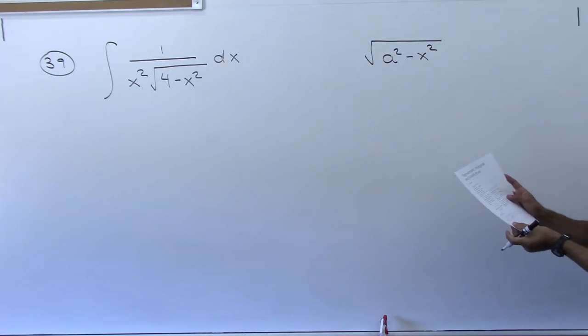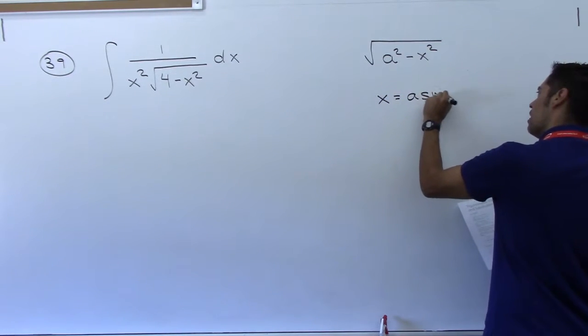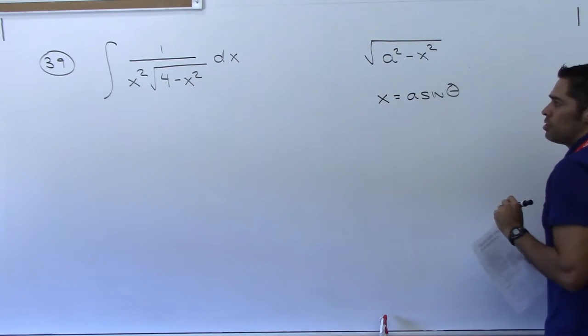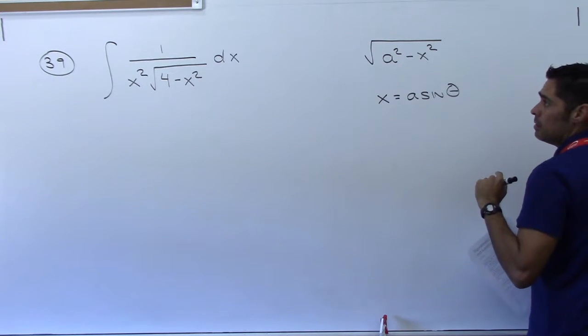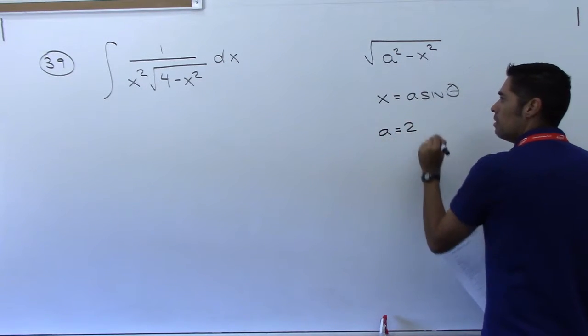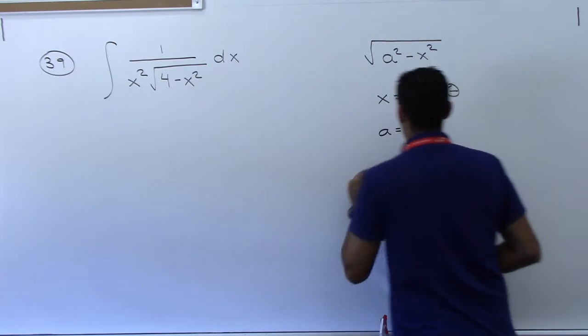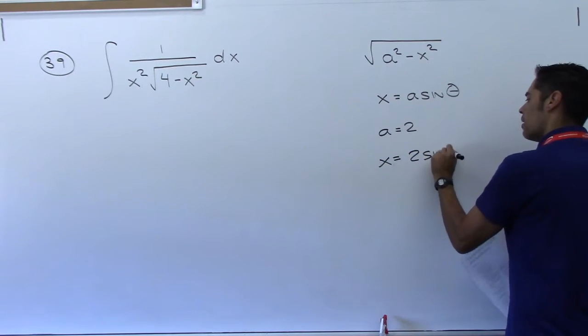So according to this, I should make the substitution x equals a sine theta, which for us, what's a? A is 2, right? So a for us is 2, and that means our x substitution is going to be 2 sine theta.